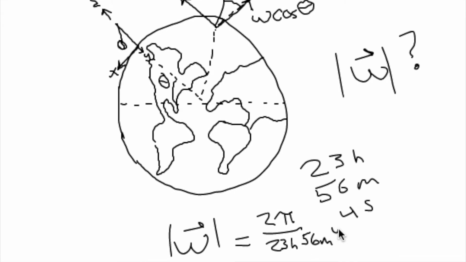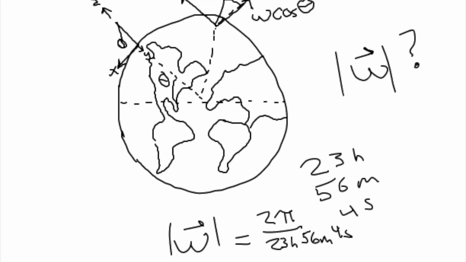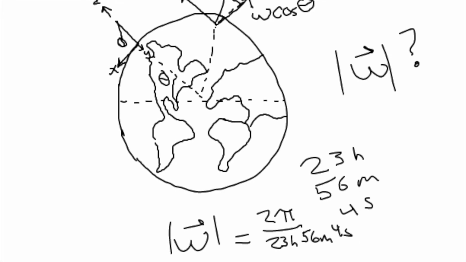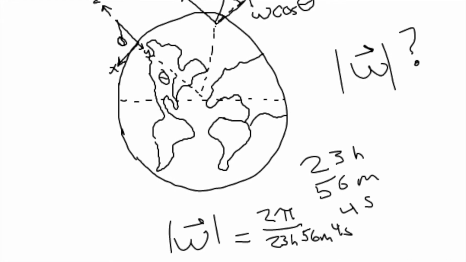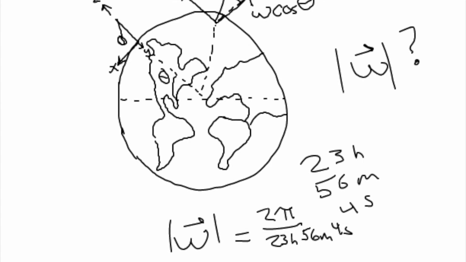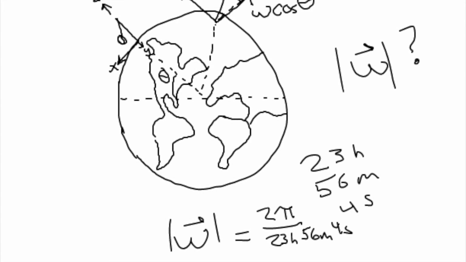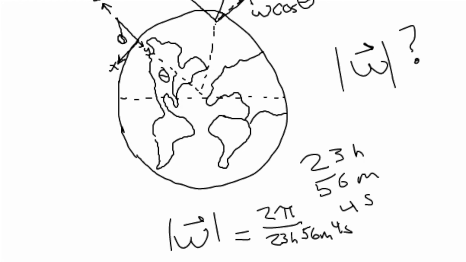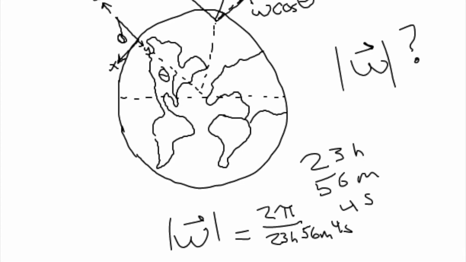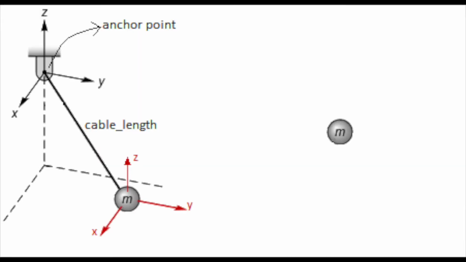Although when we do the calculation, we're going to convert this time into seconds and do 2 pi over that equivalent in seconds. Now, this is actually 2 pi radians over 86,164 seconds, which is approximately 72.92 microradians per second.